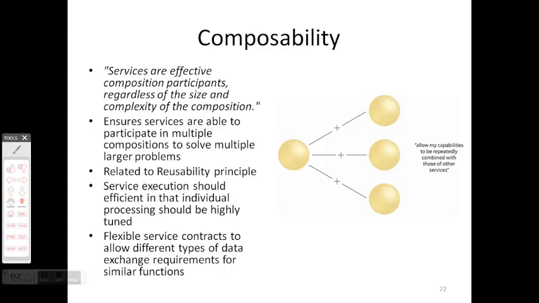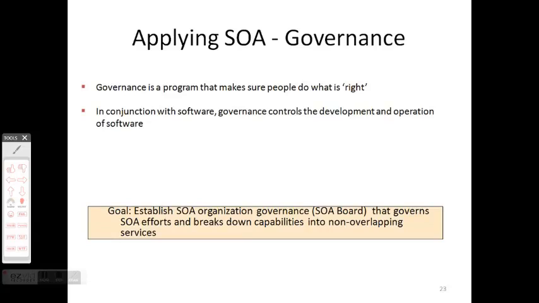Their implementation is completely independent from the composition. It ensures the services are able to participate in multiple compositions to solve multiple larger problems. That means one service can be used for different compositions in different areas, based on the functionality they provide.